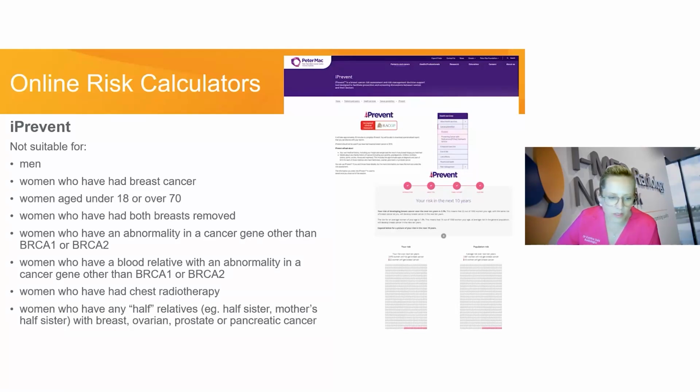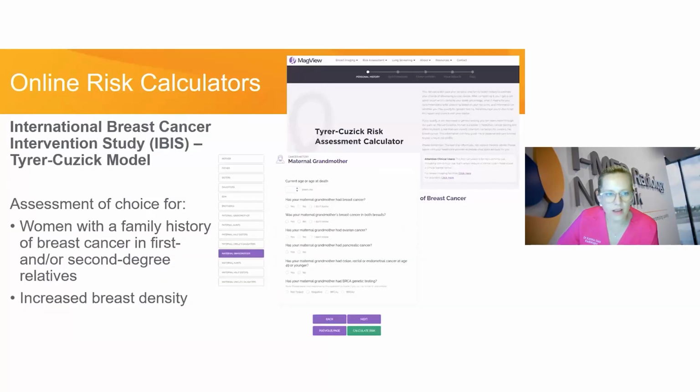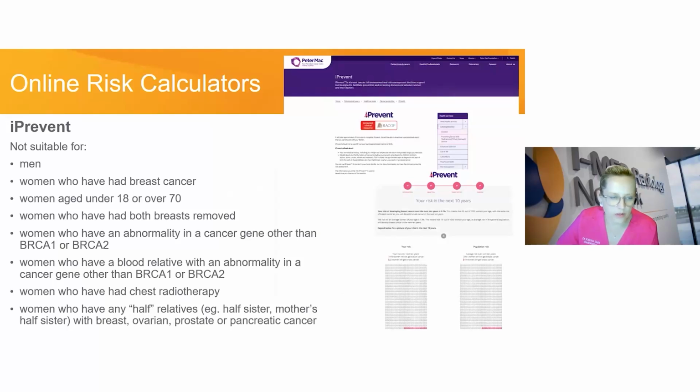It doesn't account for these women who have had radiation therapy, and risk assessing half relatives, so half sisters, with the more complicated background of cancer history. So I tend to use, we'll go into when I use them.